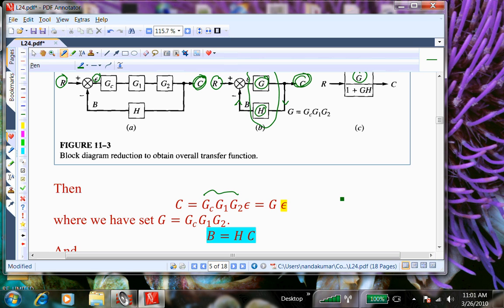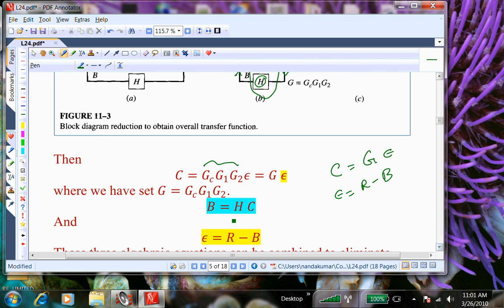So C, the outlet, is equal to G times epsilon. But epsilon is R minus B, negative feedback. I can substitute that epsilon into that equation, and B is related to H times C. These are the algebraic equations relating the input-output of every element in that block.